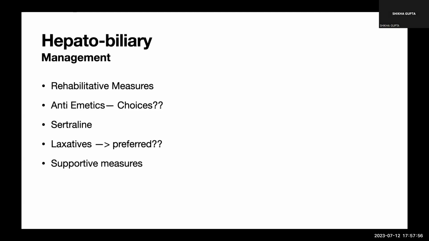Lactulose is specifically said for liver failure, because it prevents the absorption of ammonia. So yes, it's in the management of your liver failure, right?